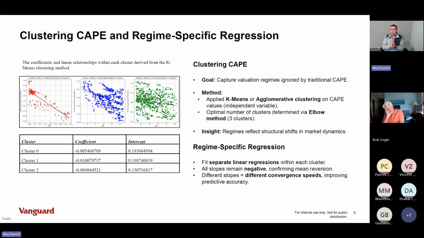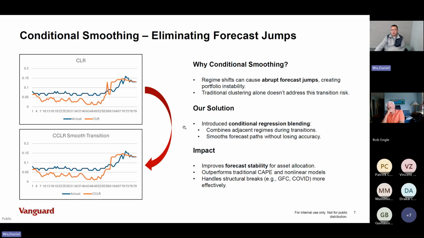So we are building a conditional based on what regime we were in before, to make sure the transition is smoother. That's what we are doing here. By doing that, you can handle a lot of structural breaks much better. We know the transition from one regime, the structural break, to another regime will not go directly from 1 to 2.